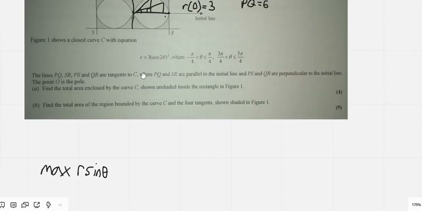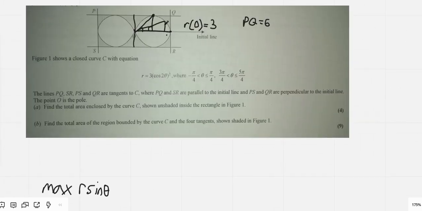I'd like to point out here that our region, this small half oval, is from theta, basically 0, less than or equal to theta, less than or equal to pi over 4, because if we plug pi over 4 into r, we get 0.